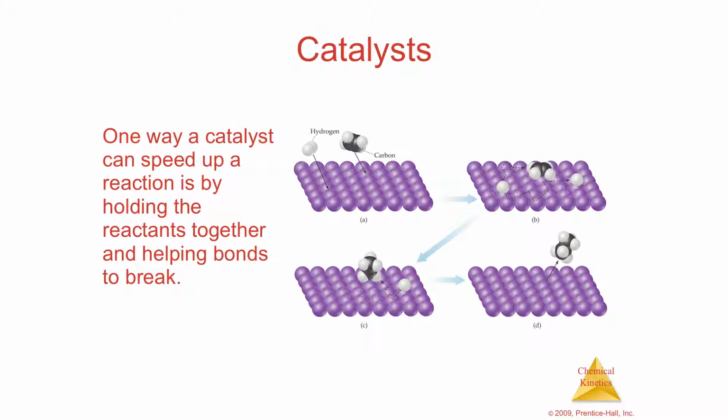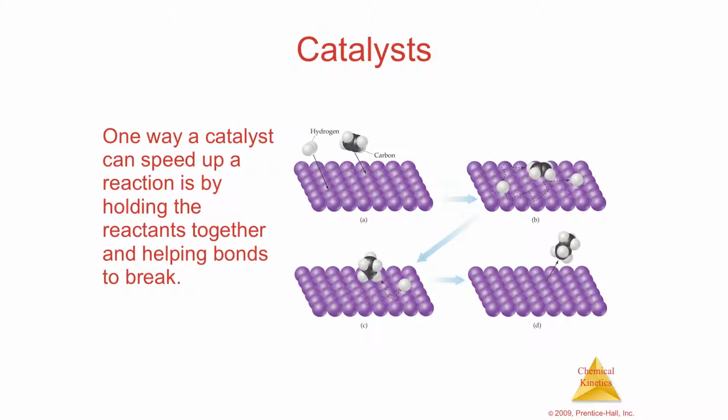So here's an example of a metal. I've got some hydrogen, and I've got some kind of a metal here, and I've got a hydrocarbon, and the hydrocarbon sticks to the metal, which then allows it to form whatever molecule is going to be made.